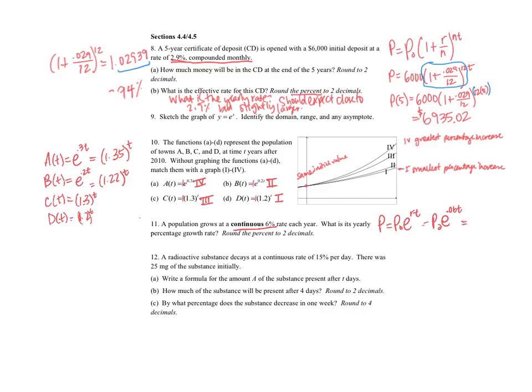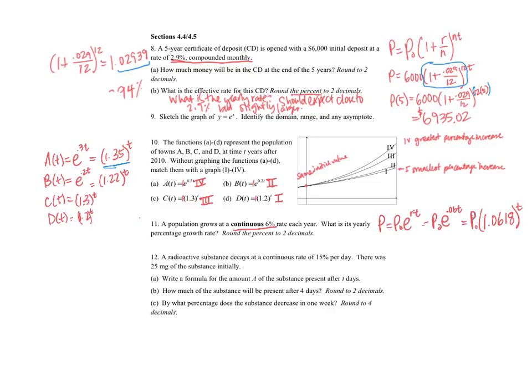So let's figure out the effective rate. And it's going to be the same thing we did over here, as we want to find out what is e to the 0.06. I got P naught times, and e to the 0.06 is 1.0618 to the t.